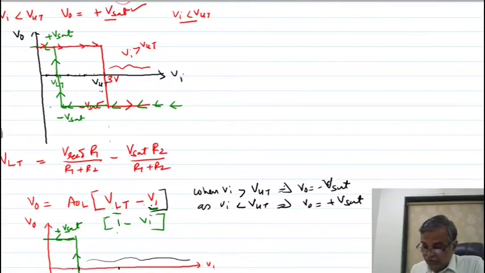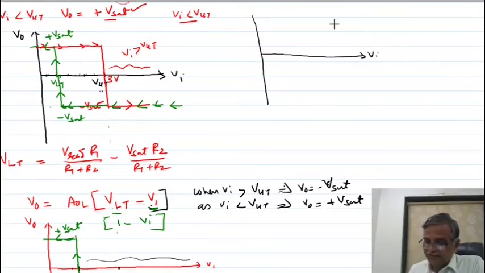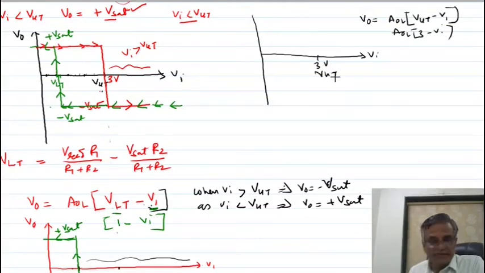So this is for more understanding for you. I am showing you this Vi. Here VO is nothing but the AOL times VUT minus Vi. Let me say this is 3 volt, this is VUT.